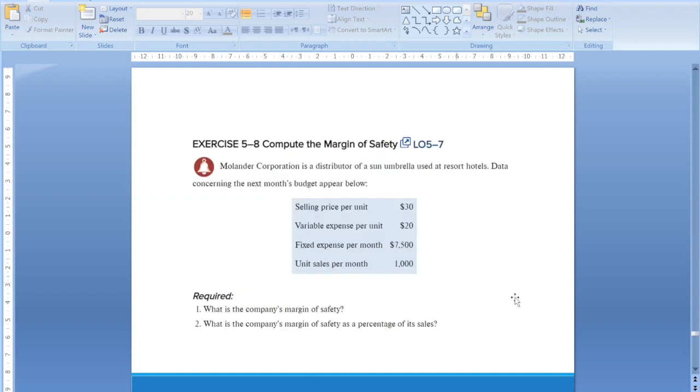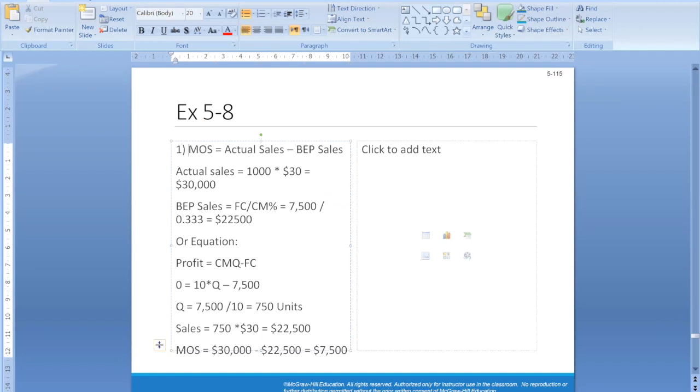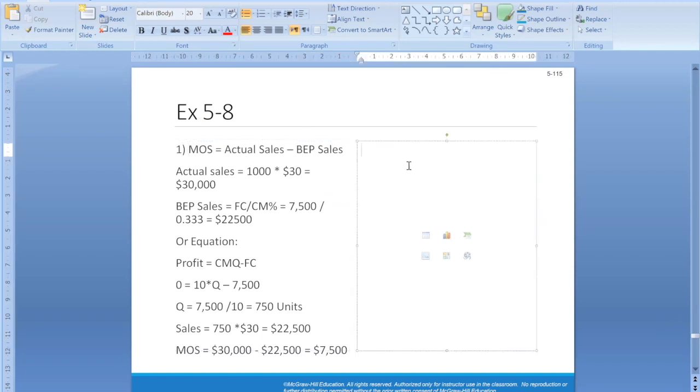For number 2, what is the company's margin of safety as a percentage of its sales? So we will say the margin of safety as a percentage means MOS, margin of safety, divided by sales.